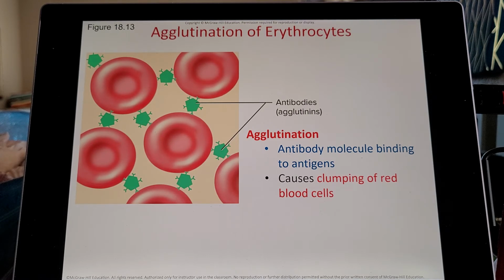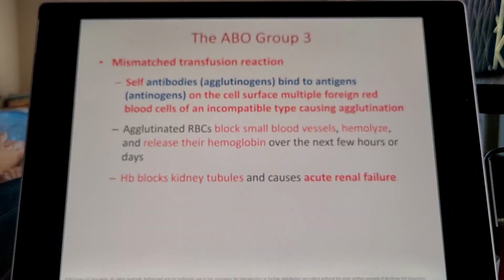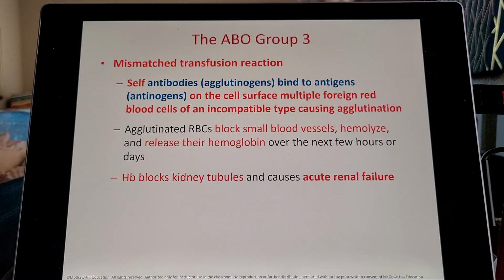When they bind to multiple ones, all of this will start clumping up together as a blood clot. Now, this is a problem because our blood needs to flow freely, move around in all these ridiculously tiny little blood vessels. And this causes what is called a mismatched transfusion reaction.